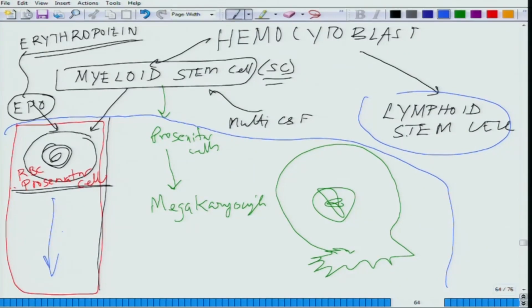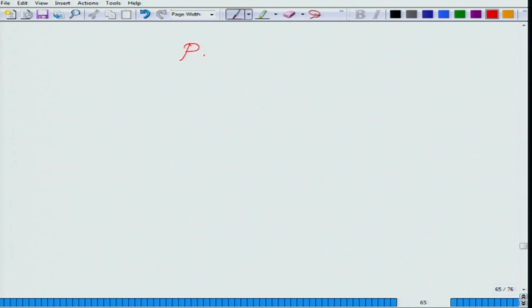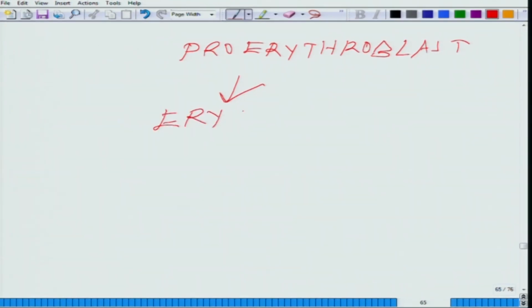So, let us first talk about what is happening to the RBC progenitor cells. The first series of cells are called proerythroblast. This proerythroblast reaches the erythroblast stage. Erythroblast is the other name for the RBC precursor.